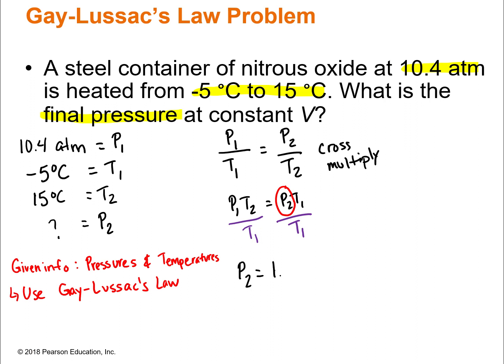I always like to group my temperatures and my pressures and all that stuff because it makes all the unit analysis much easier. We're starting with a pressure of 10.4 atmospheres, and we're multiplying that by the ratio of T2 to T1. We don't have Kelvin here. We have Celsius. So you have to add 273.